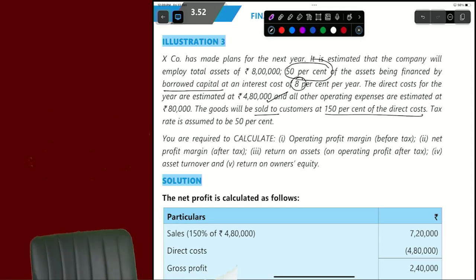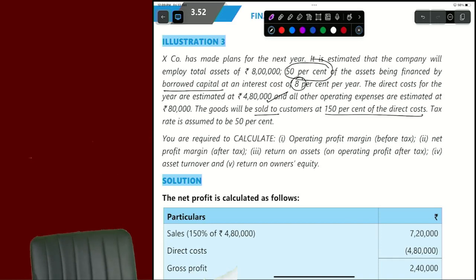And how much is the tax part? 50%. 1,60,000 at 50%. So what is the EBIT after tax? 80,000 divided by the total assets, 8 lakhs, into 100 is 10%. That's the answer for the third bit. Everyone understood the concept clearly? Fourth bit.